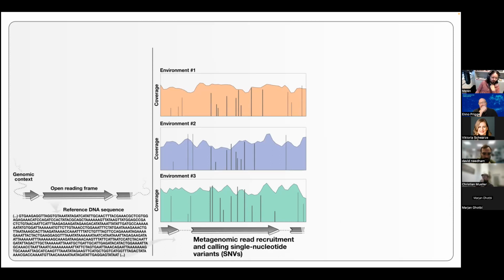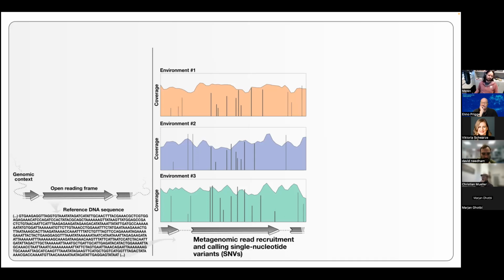But with SAR11, things got very exciting very quickly when we discovered that the state-of-the-art way of studying population genetics suffered remarkable shortcomings to contextualize genetic variation as we saw the extent of genetic variation in SAR11.